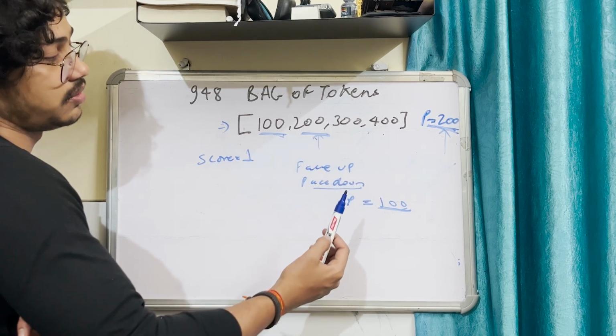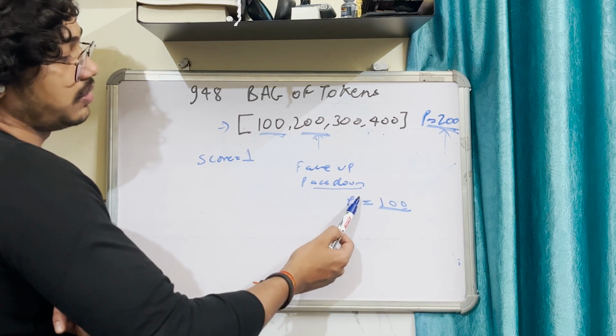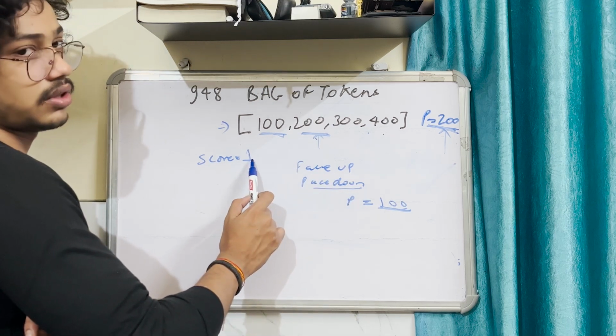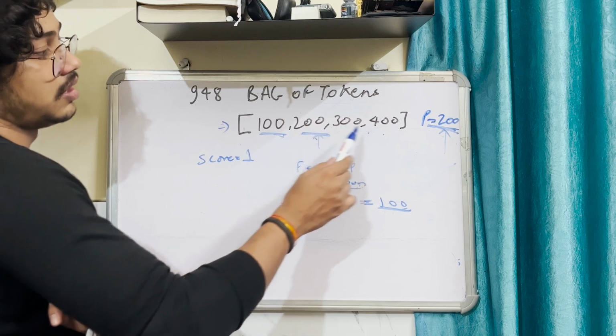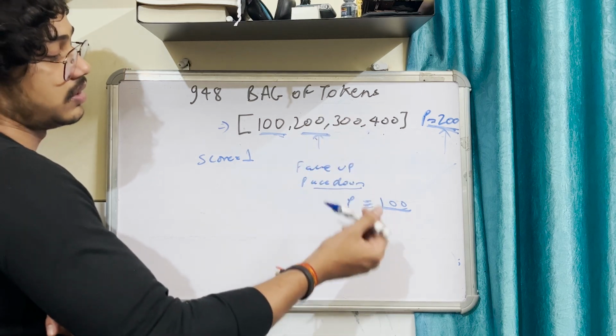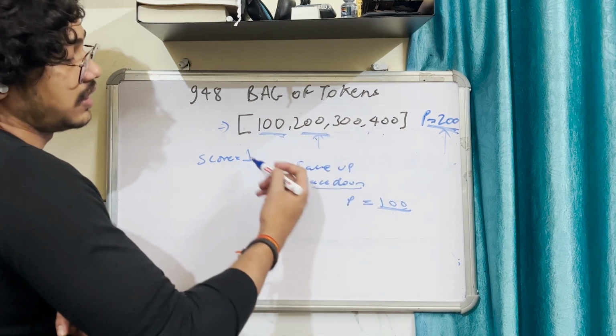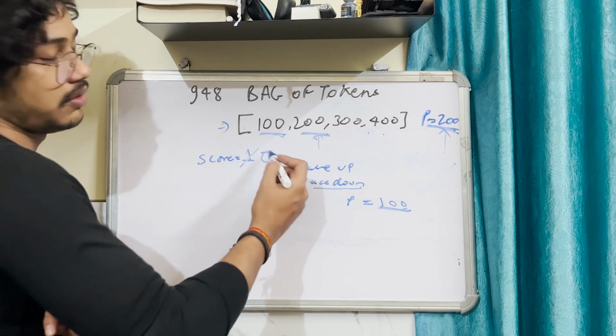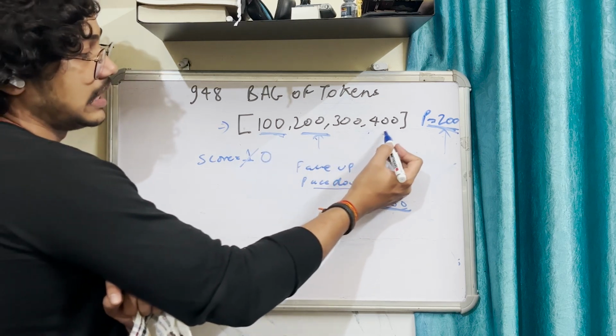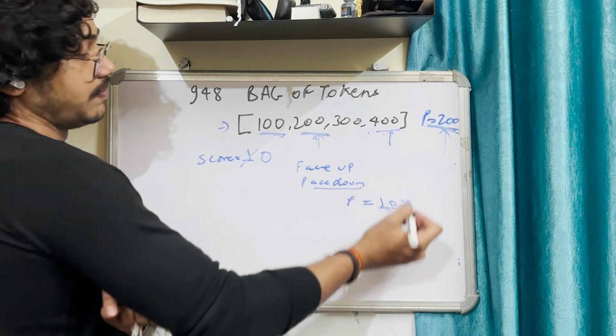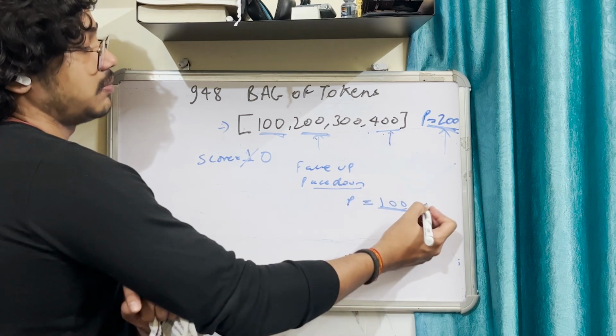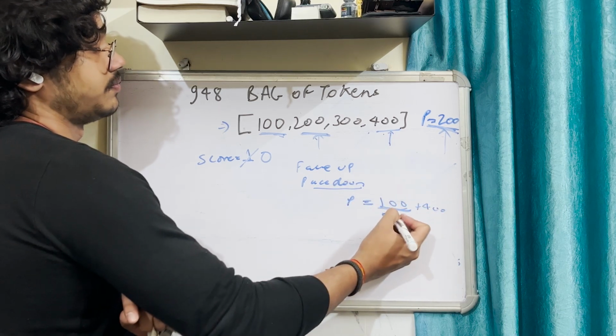You have to sell your score, or reduce your score, and get more power. After giving up the score it will turn to 0, and we will get power. For example, we take this, so our power will change to 100 plus 400, which will be 500.